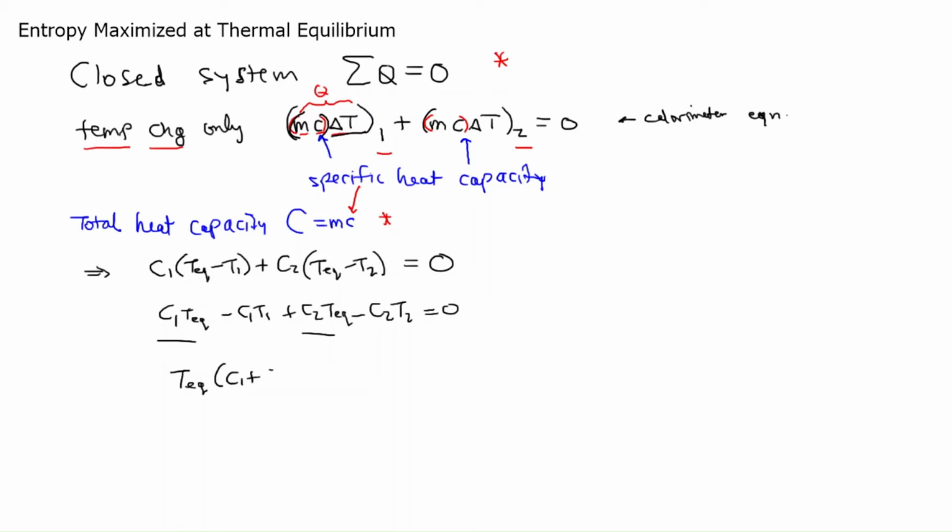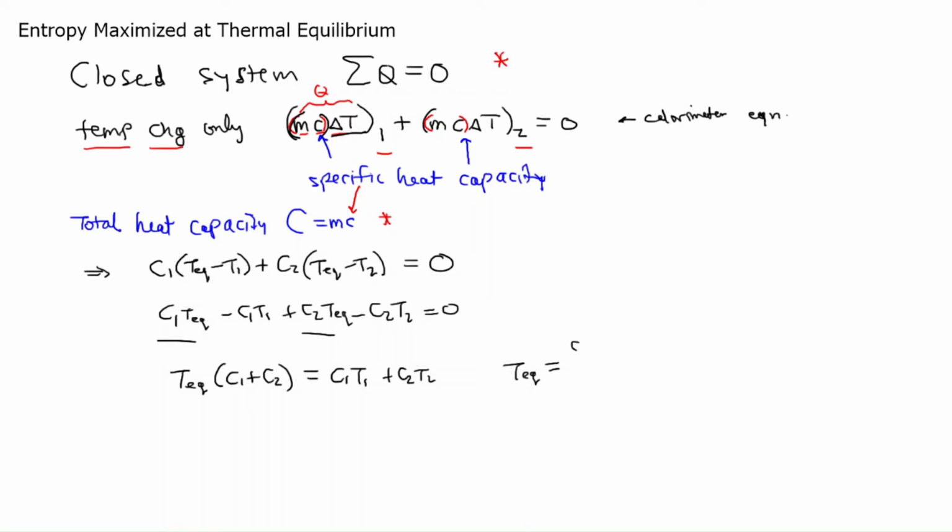So you can see I'm marching toward that. I can factor the equilibrium temperature from those two terms that contain it. So equilibrium temperature times C1 plus C2, and then putting the negative terms on the opposite side, C1T1 plus C2T2.